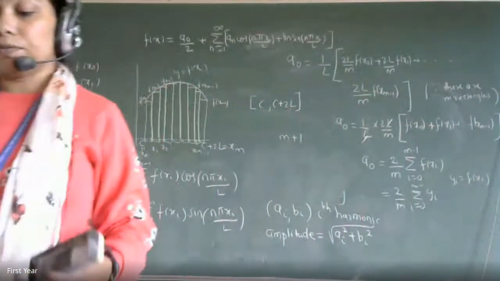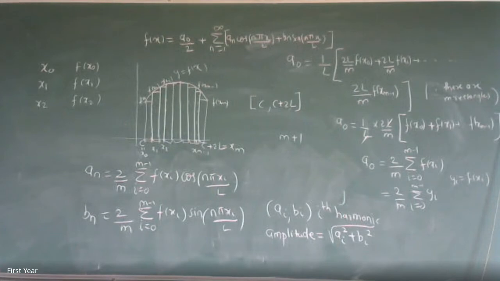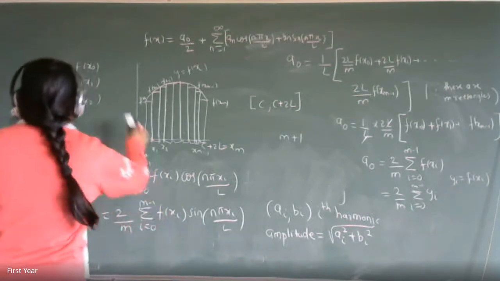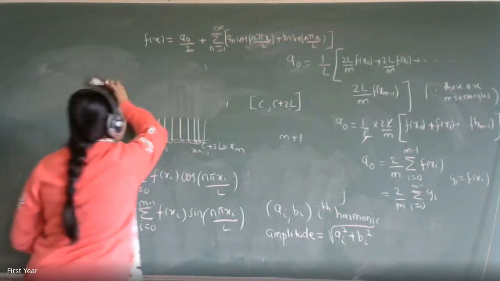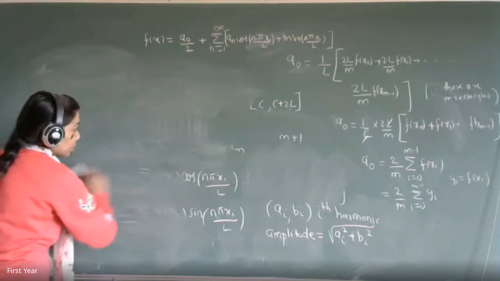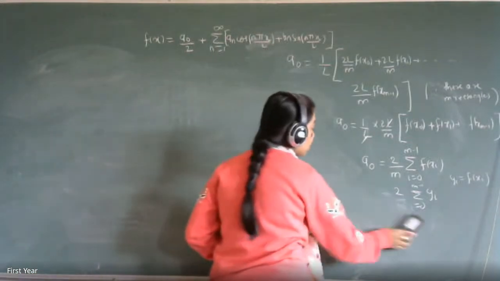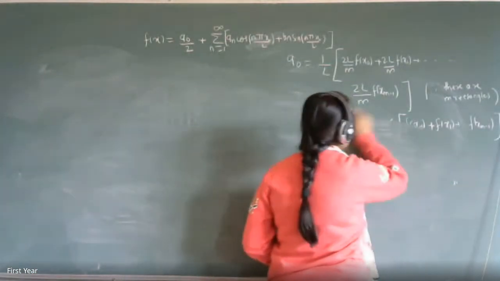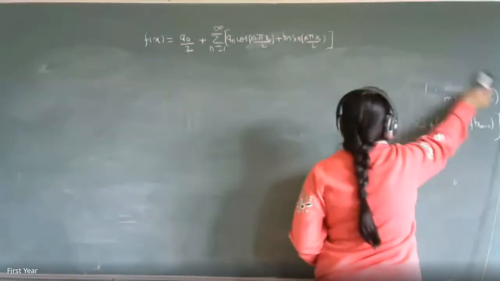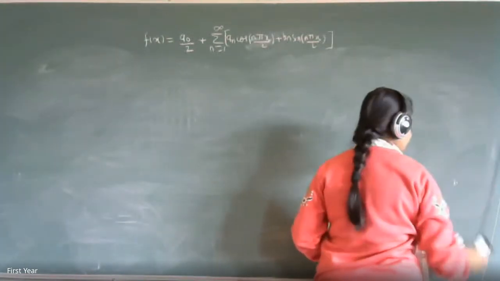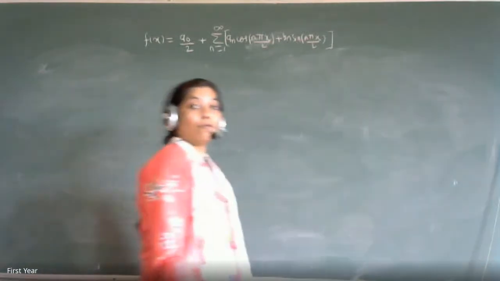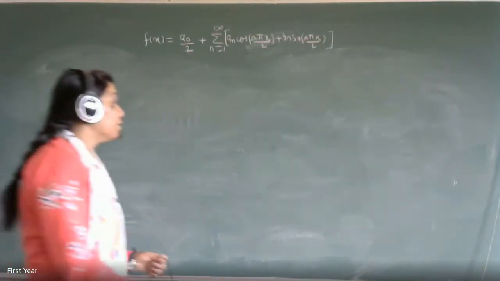Take down the question. Obtain the Fourier series up to first harmonic for the tabulated data given below.